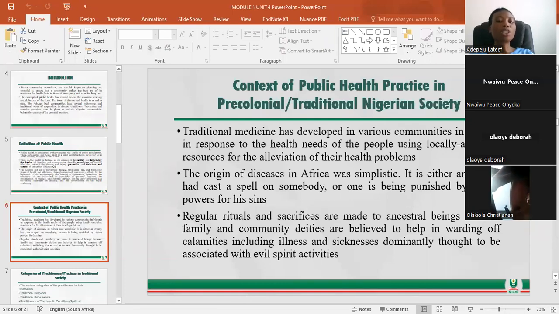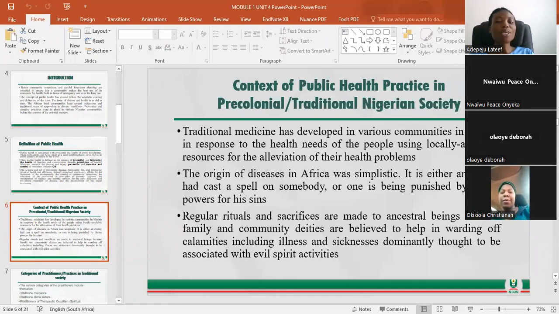And we know that the origin of sickness in Africa was also simplicity, as in it is believed that the gods are angry with an individual and the gods have inflicted such calamity or disease on the person or on that family.